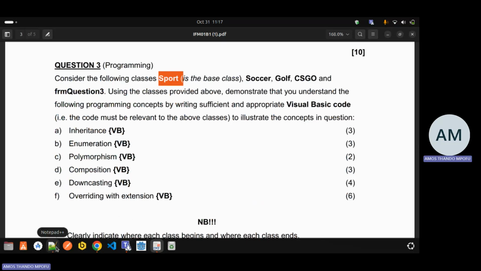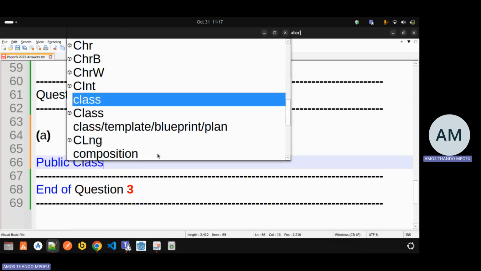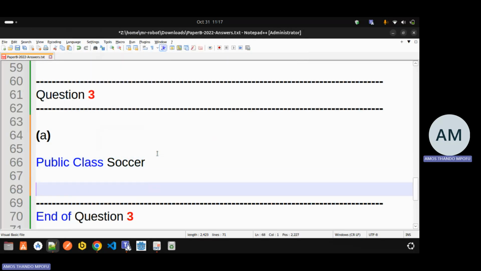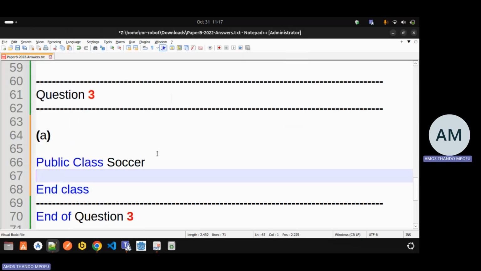I just want you to demonstrate inheritance. They just want that line that demonstrates inheritance, not a lot of things. So I'm going to choose any child class, Soccer or Golf. Let me choose Soccer. Usually you say Public Class followed by the name of the class, so Public Class Soccer and then End Class to end the class definition.